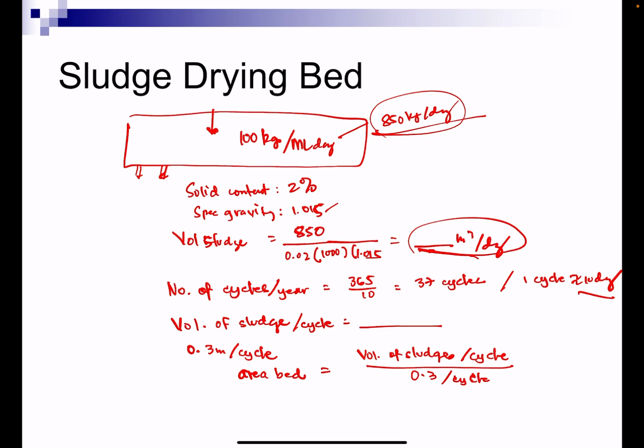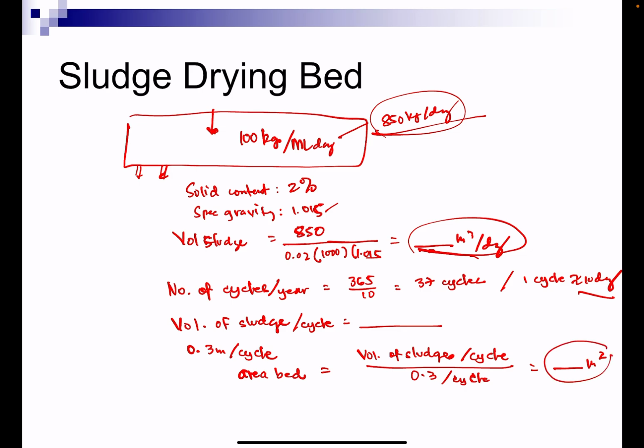The volume is in cubic meters, divided by 0.3 meters, so you get the area of the bed in meters squared. Now, if 5 beds are provided, you divide this area by 5.